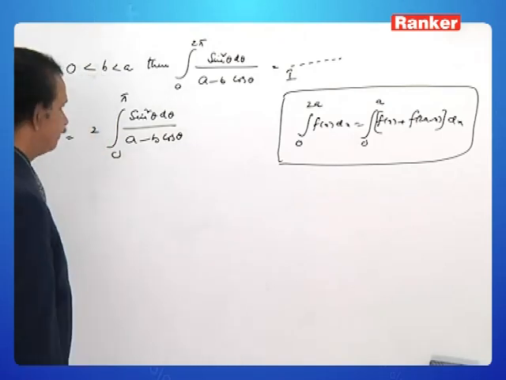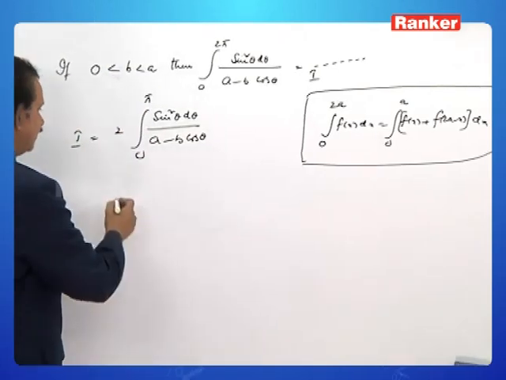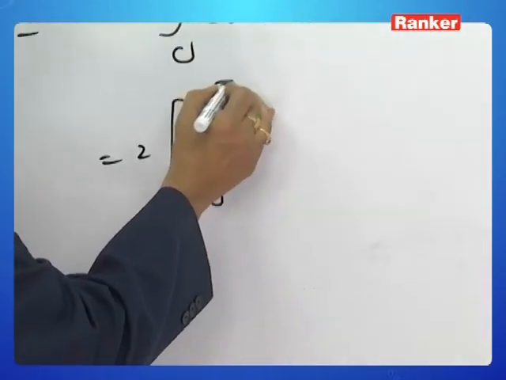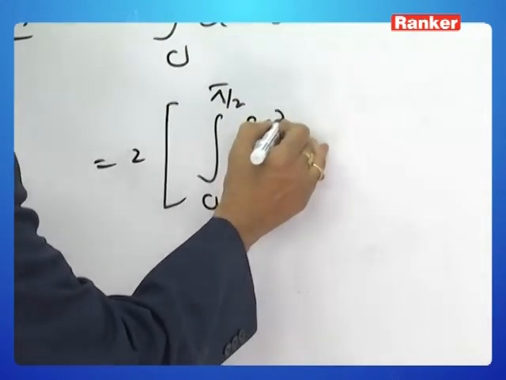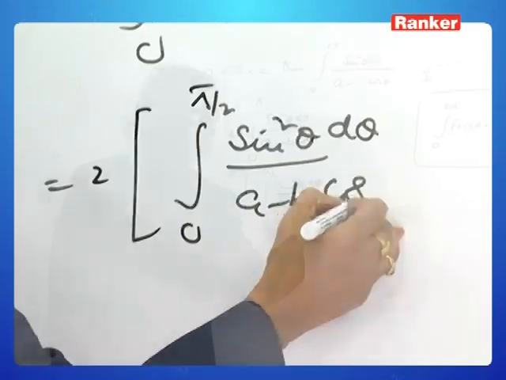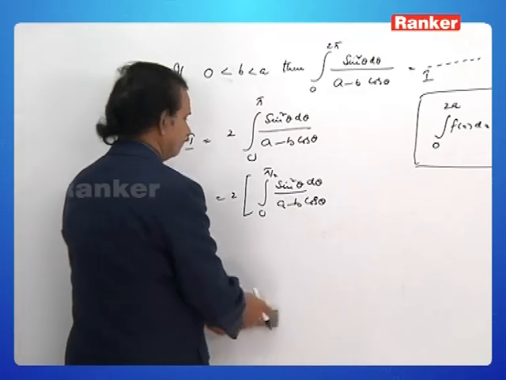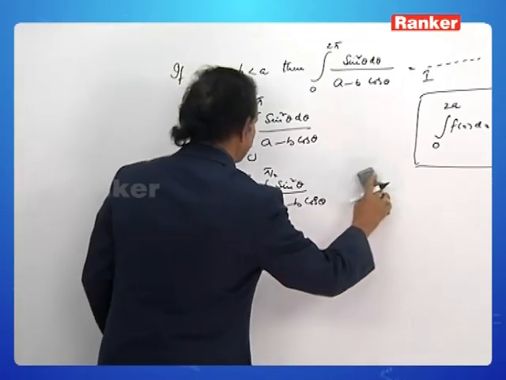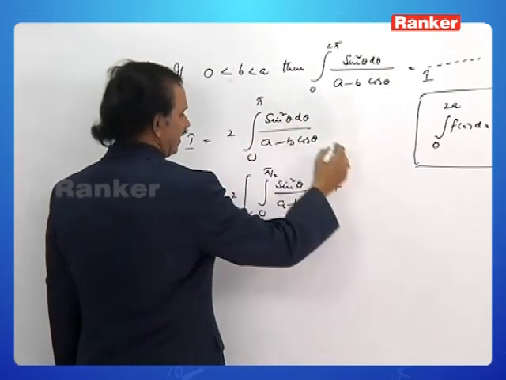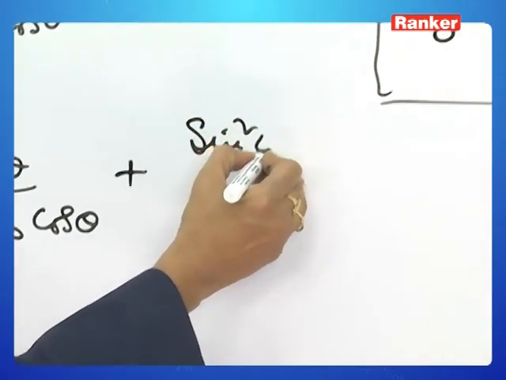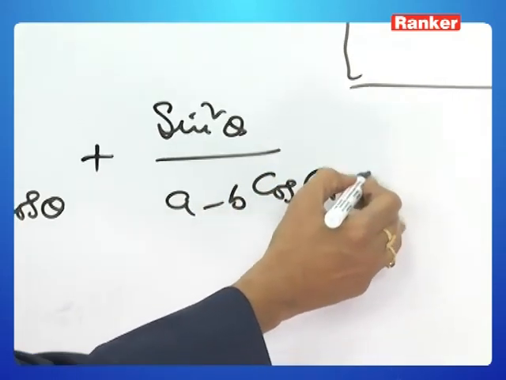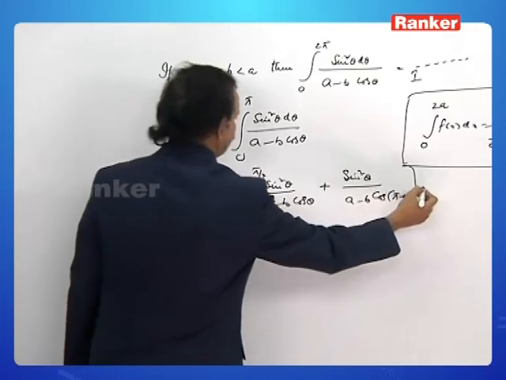And in the place of 2a, we have pi here, so that you can write this as 2 into integral 0 to pi by 2 sine square theta d theta by a minus b cos theta plus f of 2a minus x, that is f of pi minus x, sine square theta by a minus b cos pi minus theta d theta.